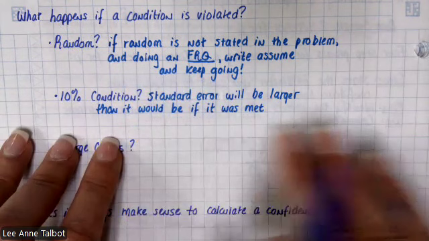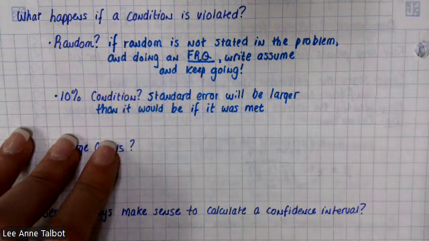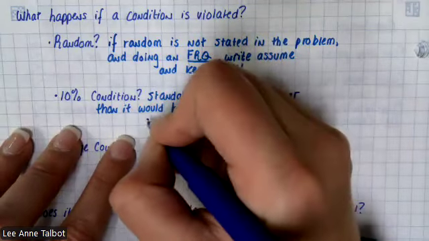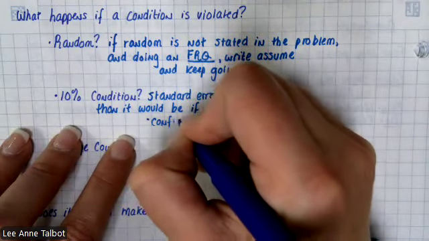If the condition is not met, the standard error will be larger, which means two things. The confidence interval would be wider.